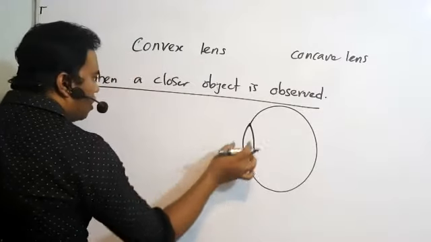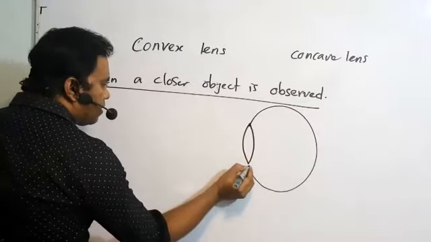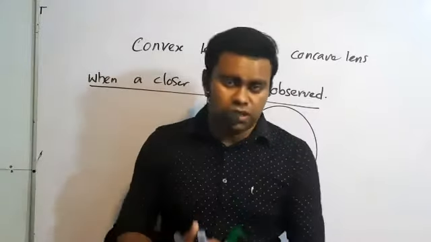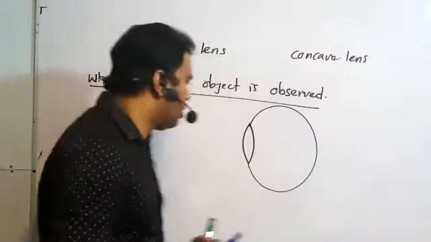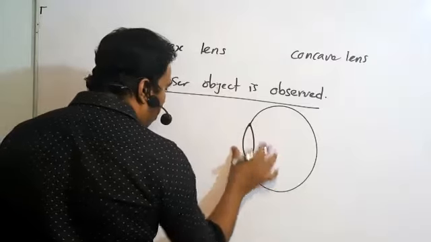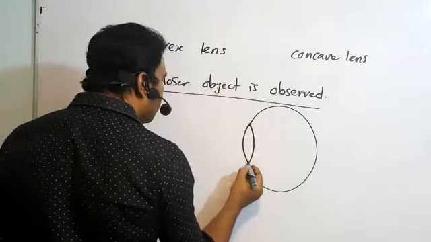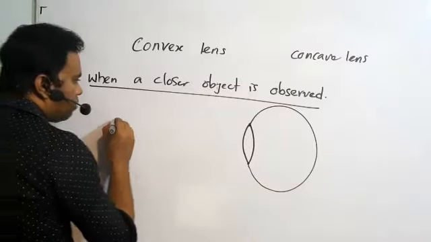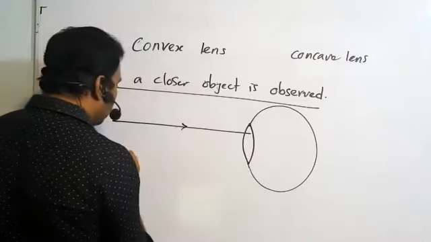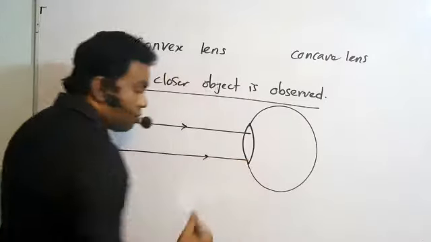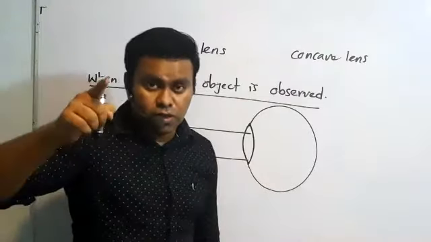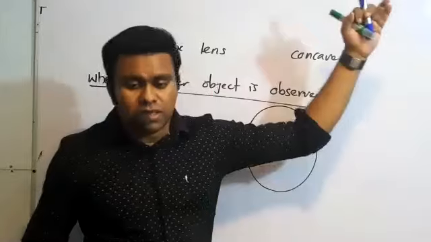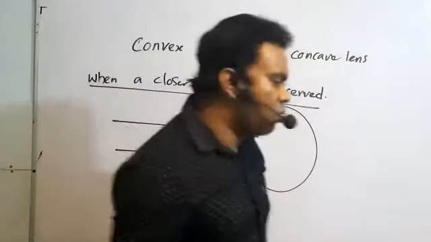So the eye lens curvature becomes normal, less curved, the original state. So we can observe light rays from objects situated at infinity. The only thing you have to know is that this infinity is not several kilometers away, just 1 or 2 meters.